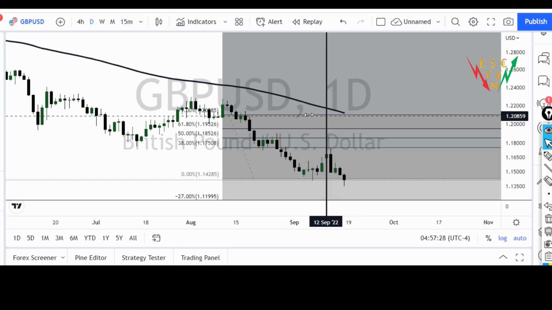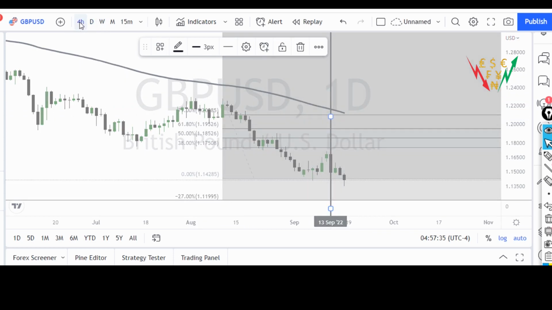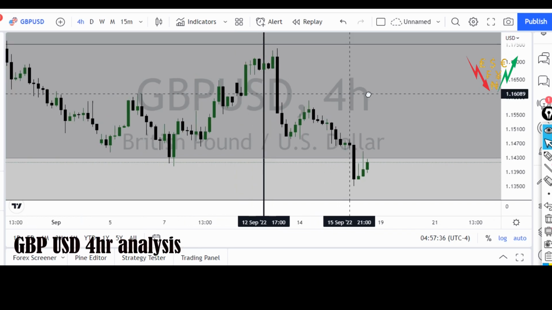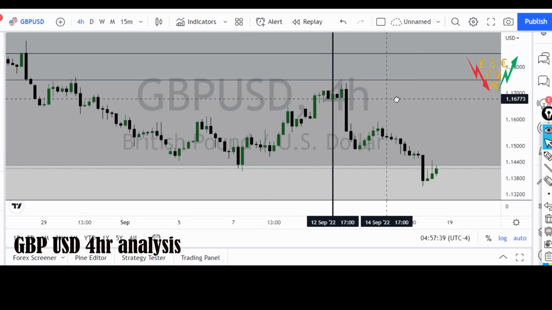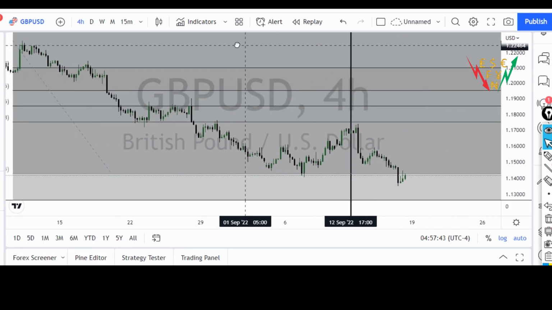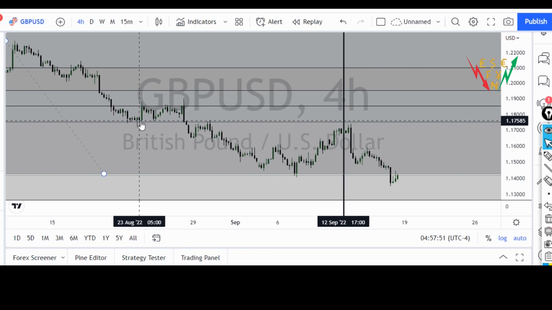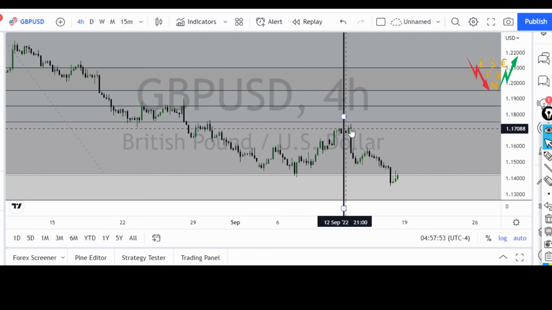So when price reaches this level, after setting this tool, we go to a lower time frame. You can go to a 4-hour time frame. Now looking at the price on the 4-hour time frame, you can see a very cool thing here. From this point, after price reacted here, we can streamline this, see this resistance level broken, and see how the price reacted. And just around here, we see this very big move.